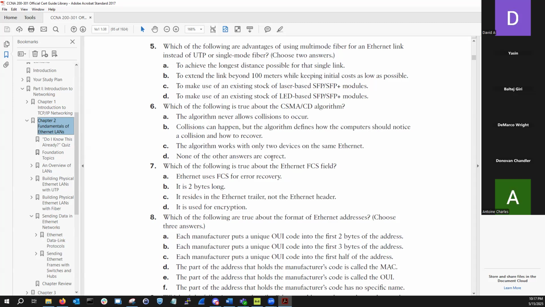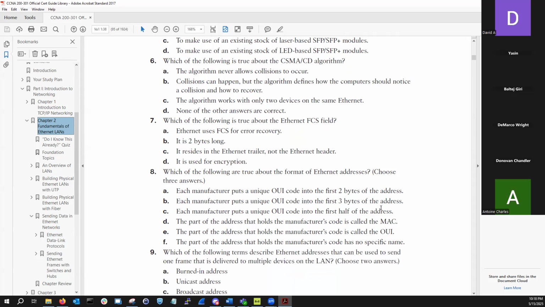Because the Ethernet FCS field is in the trailer, not the header. It's not 2 bytes, it's 4, and it's not used for encryption or error recovery. That's the only thing that's right there. That is correct. Great breakdown.